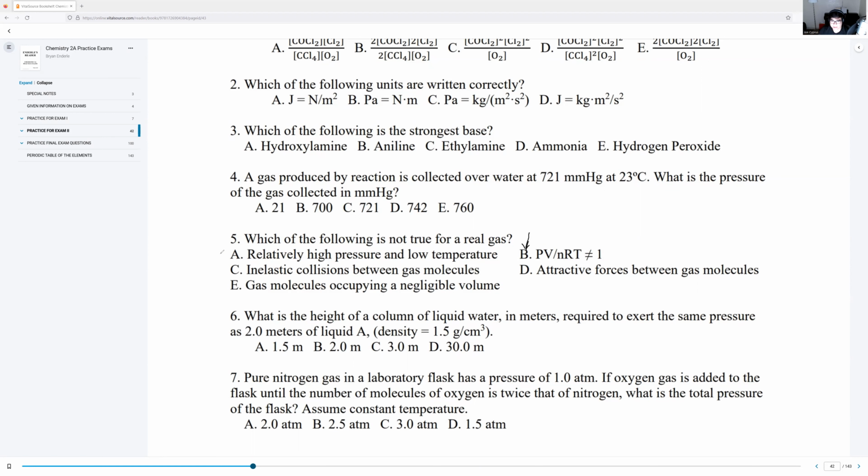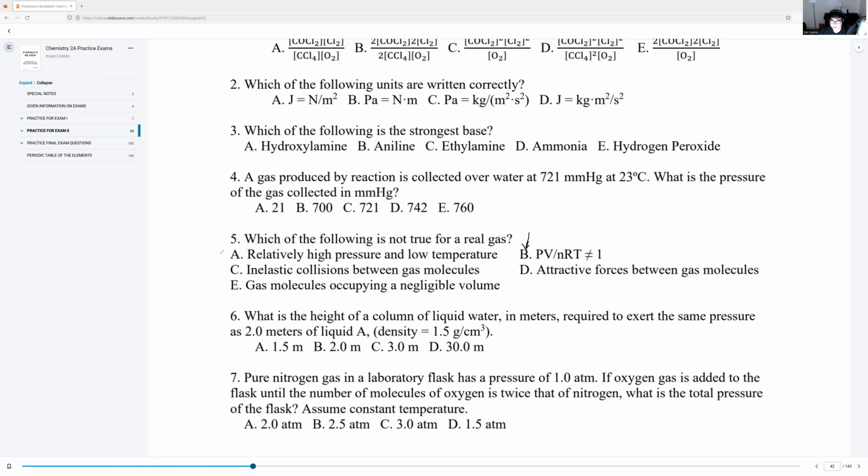So when particles collide, the kinetic energy is completely conserved. However, that's not true. You end up getting inelastic collisions in a real gas. D, it says attractive forces between gas molecules. That is also true. Molecules will be attracting each other, so that changes some of the dynamics of the system.